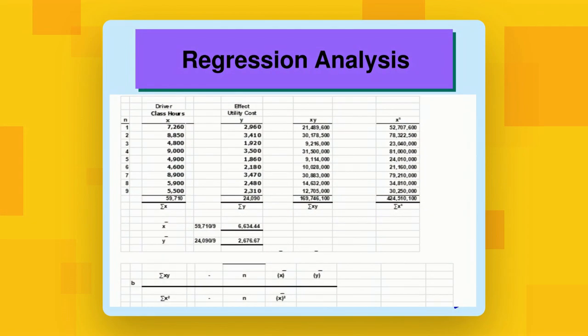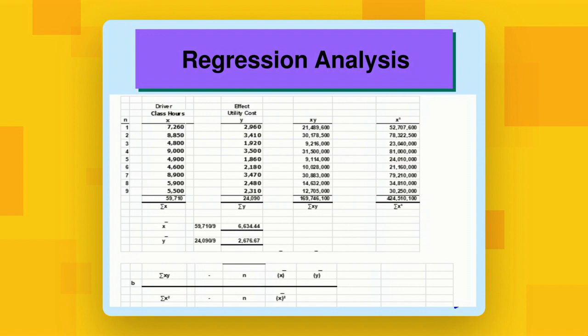Alright, again. So, another example is this one. The driver, class, is X, the effect is Y, then XY, and we also have your X squared. So, 1, 2, 3, 4, 5, 6, 7, 8, 9, that would be your X driving hours. That would be your summation of X. Y, the effect, is the utility cost, 2960 until 2310, you have 9.